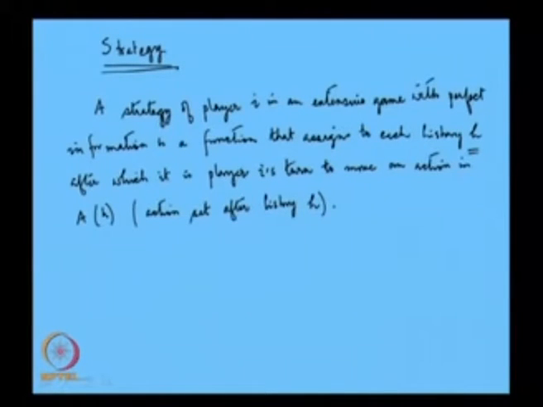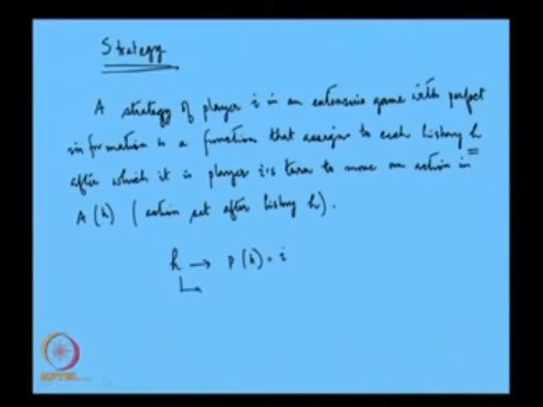After which it is player I's turn to move, an action in A(H), where A is the action set which is available after history H. So, H is there. From H I know by the player function that suppose it is player I's turn to move.